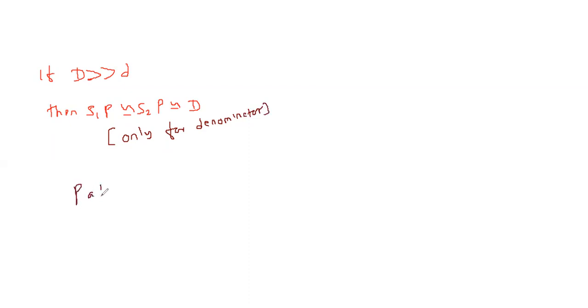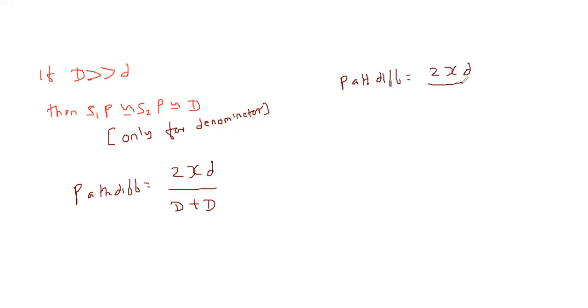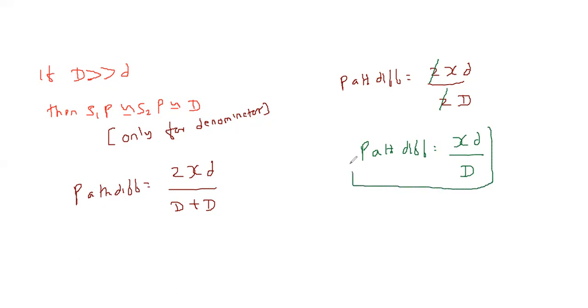Path difference is equal to 2XD by D plus D. So path difference is equal to 2XD by 2D, capital D. The 2 cancels. So path difference is equal to X into small d by capital D. It is equation number 3.